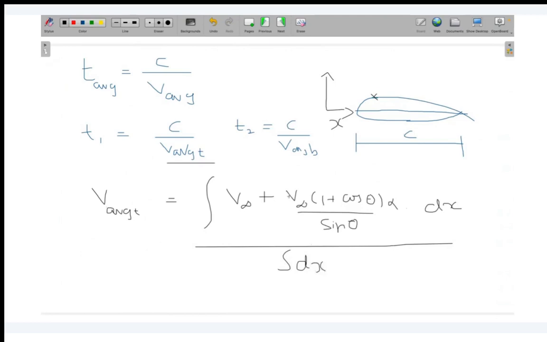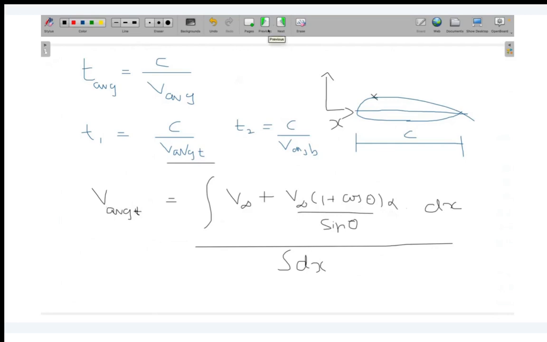So I'm averaging it along every location, and then dividing it by the total length scale in that particular direction. All right. So this is how you would calculate the average velocity at the top. And similarly, average velocity at the bottom will be nothing but v infinity minus these terms. All right. Now let's try and evaluate this integral.